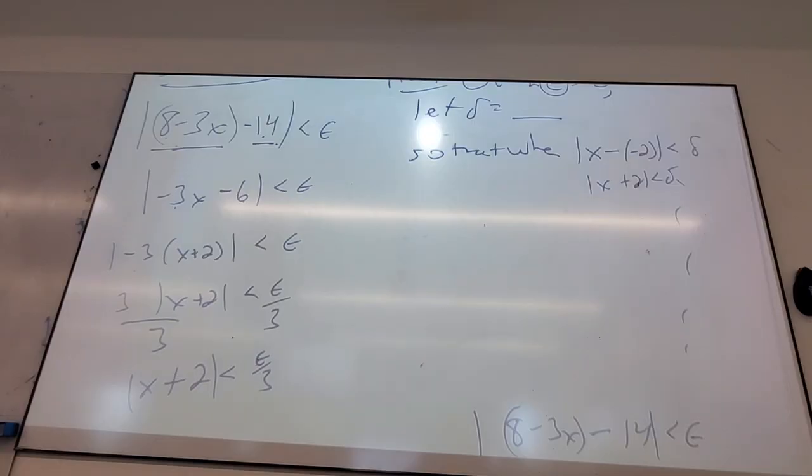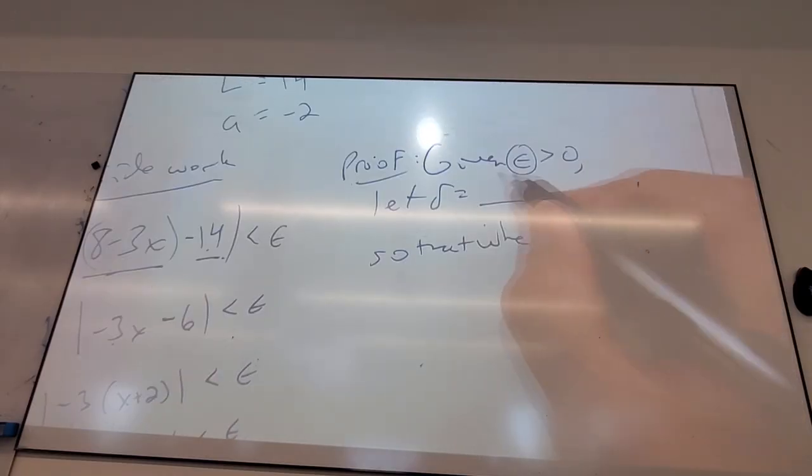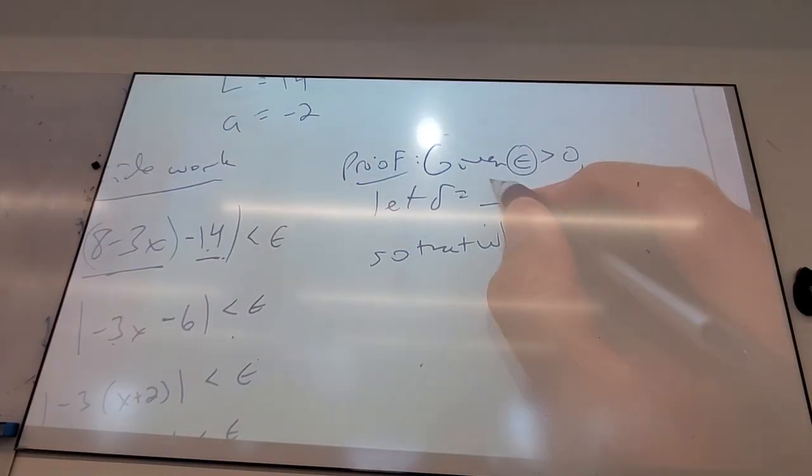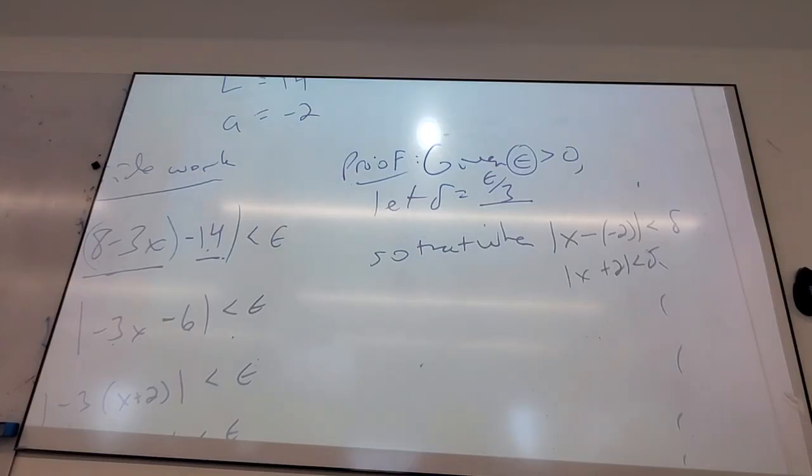So our function, somebody says, I want you to be this close, I want you to be epsilon away from your output. And we go, if we just make our inputs one third of that away from negative 2, we will always be that close to 14. That's the idea. So it feels like cheating. Going forward, if I let delta be epsilon over 3, then I could just put that in here.